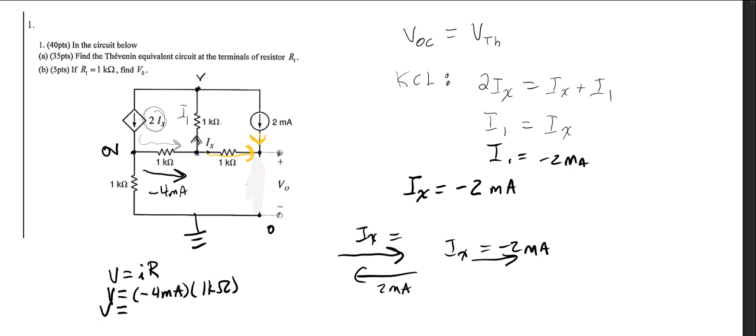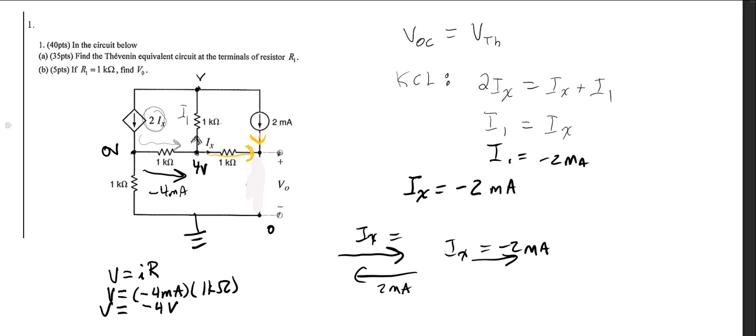A milli times a kilo cancels each other out, so it's minus 4 volts. So that means that this right-hand side is minus 4 lower than the left-hand side, or it is at 4 volts.